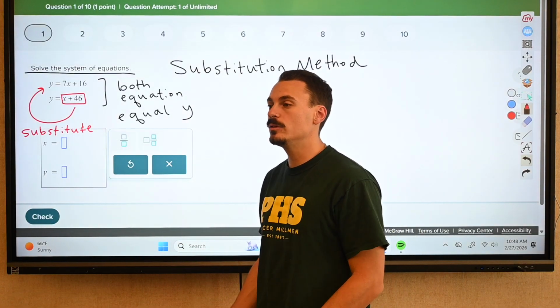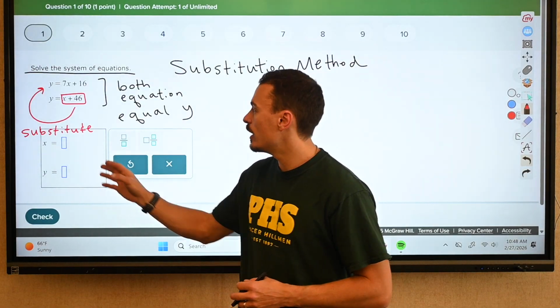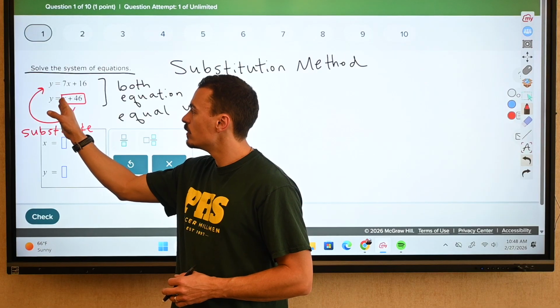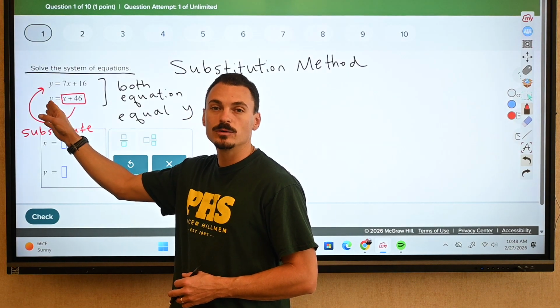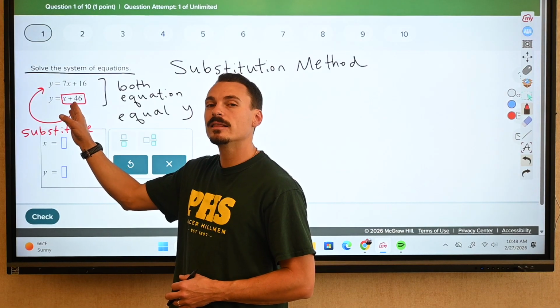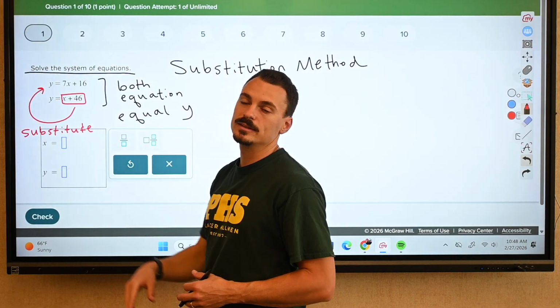Whenever you have two things that are equal, you can switch them out in math. If you have a letter equal to an expression, and that letter is in a different equation, you can substitute that expression in for the letter.